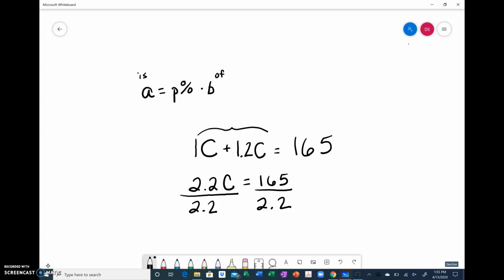Little review word there. Get to my calculator. 165 divided by 2.2 equals $75, and that is C. And what did C stand for? Cicely's weekly salary, and that is the answer.